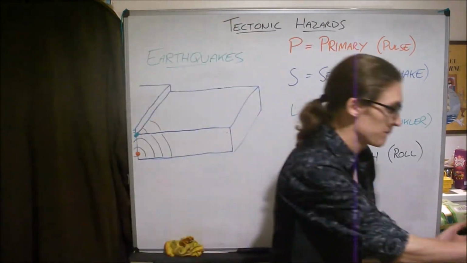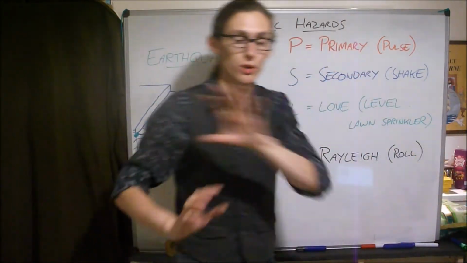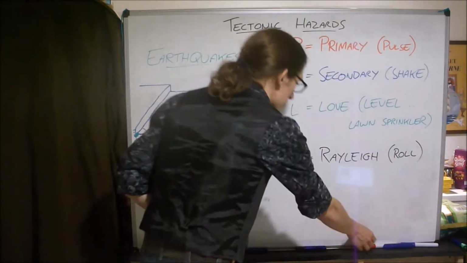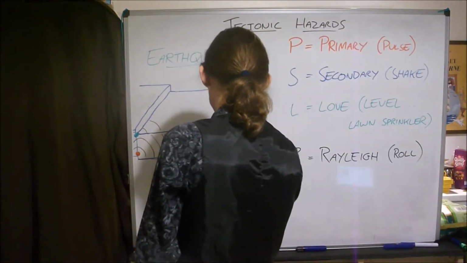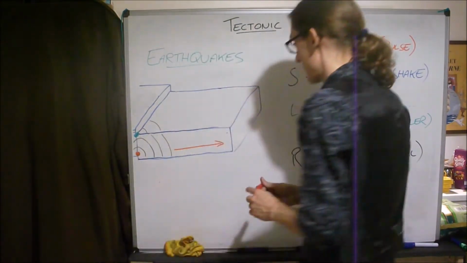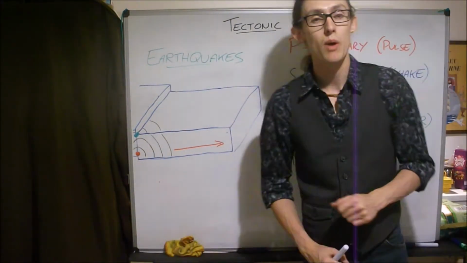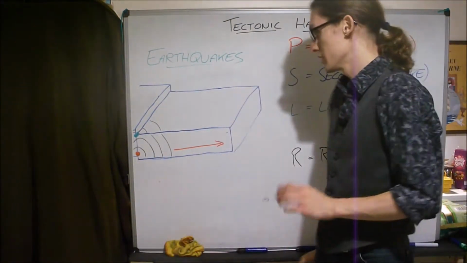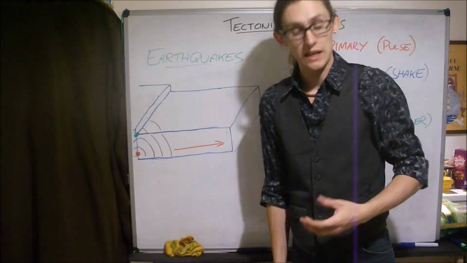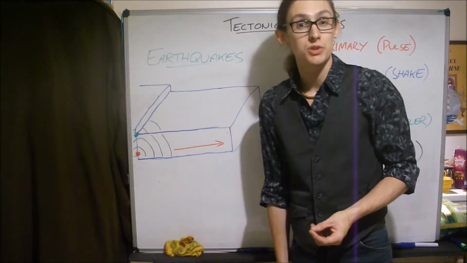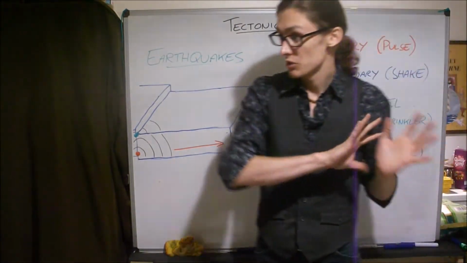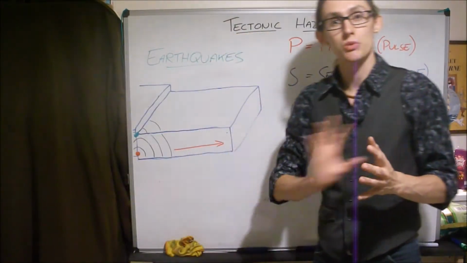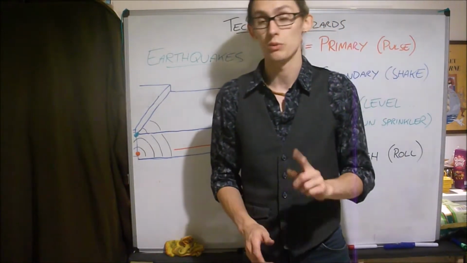It's like a pulse being pushed through. It just goes straight through the ground in a straight line. So that's the P wave. It travels very, very fast, about 8 kilometers per second. So you get this pulse that shoots through, and it can go through water as well, which is very important.